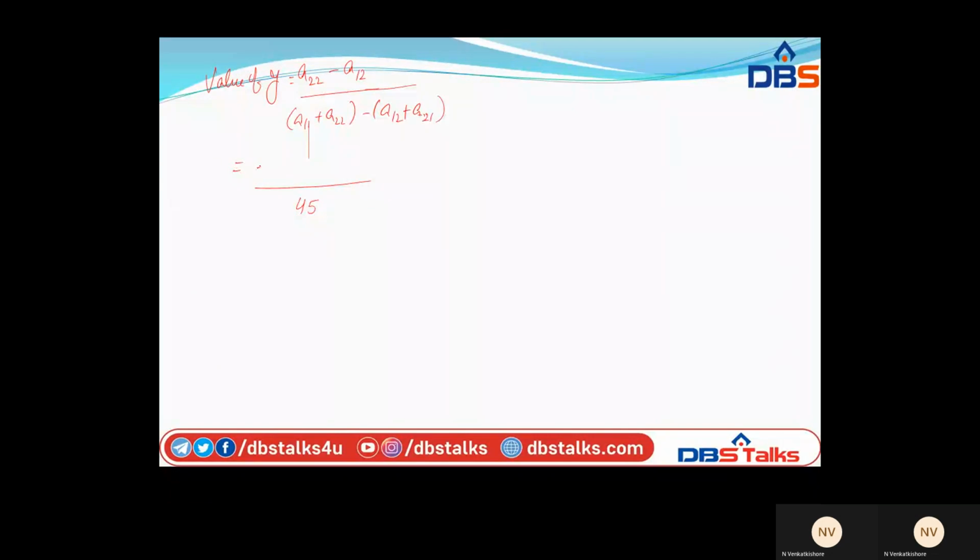After that, this is 75 minus 40, so 35 by 45, that is 7 by 9. After that, 1 minus y, 1 minus 7 by 9 equals 2 by 9. So the values of y and 1 minus y are 7 by 9 comma 2 by 9.